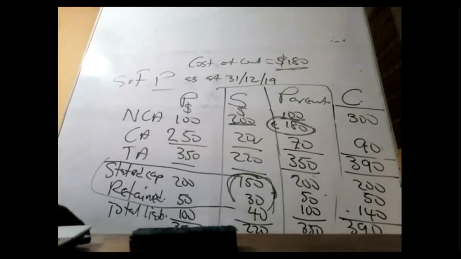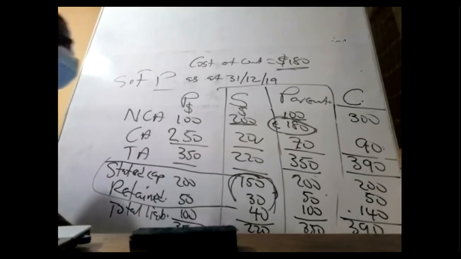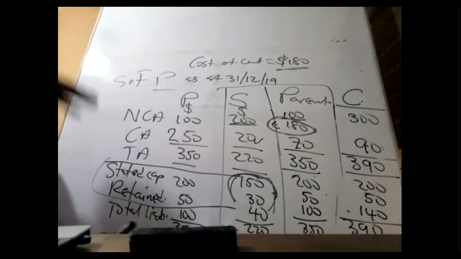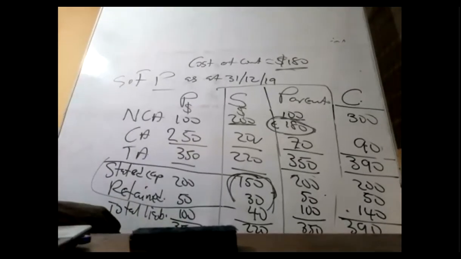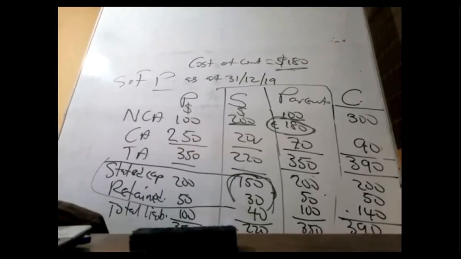Now let me go to the last one. We call it partly owned. Where the parent acquires, let's say, 60% or 80%. Good. So let's assume that the parent acquires 90%. How does the financial statement look like?